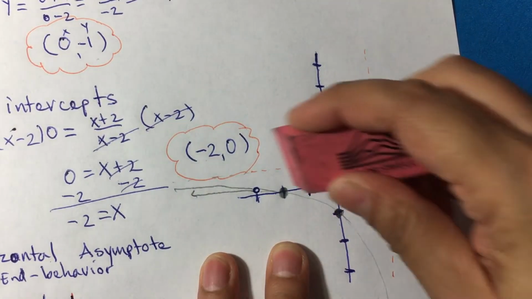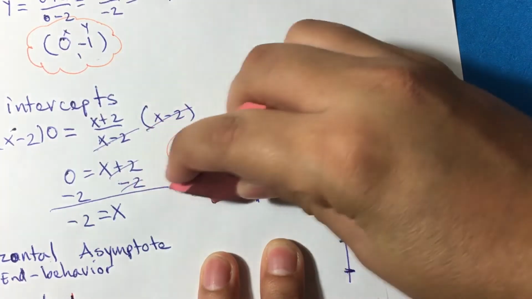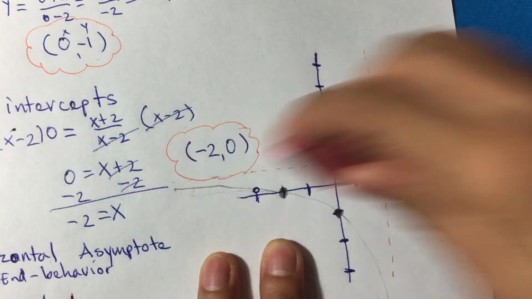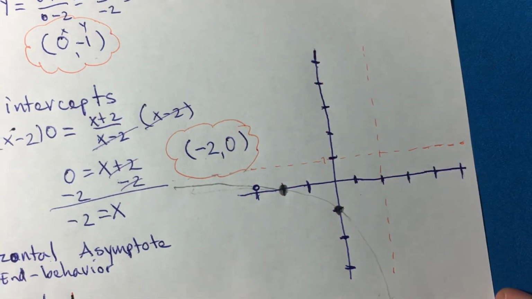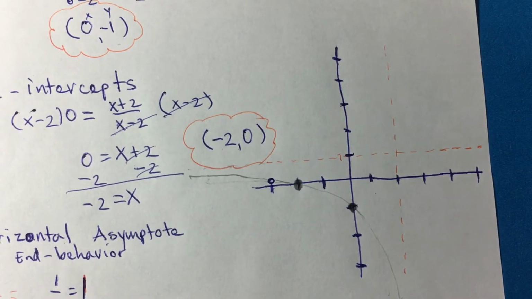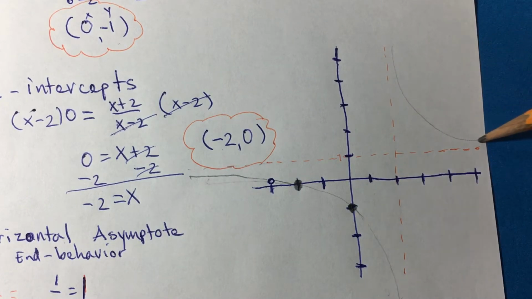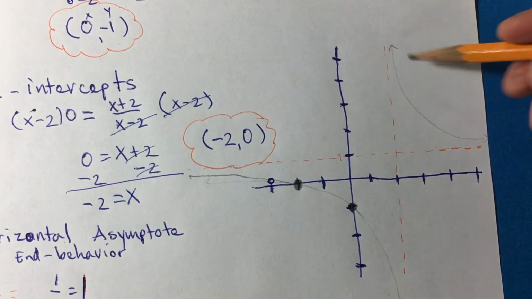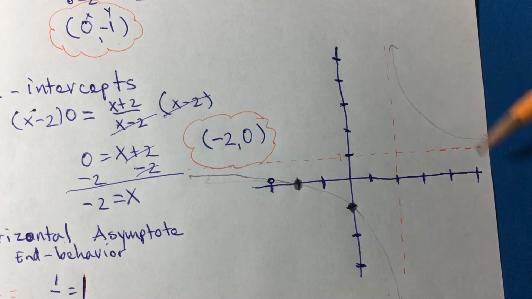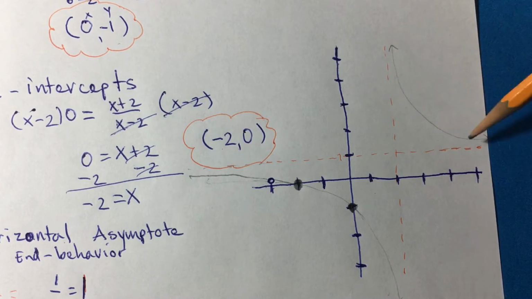Let me erase this part right here. And of course, I'll erase it all once we find the table values. That's going to be easier. So if I have my graph like this, that means that I'm going to have another graph where it's going to go something like that, where again this approaches the vertical asymptote and this approaches right here. It's never going beyond that.